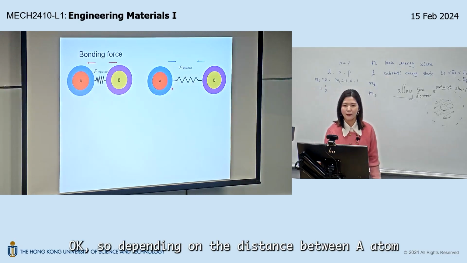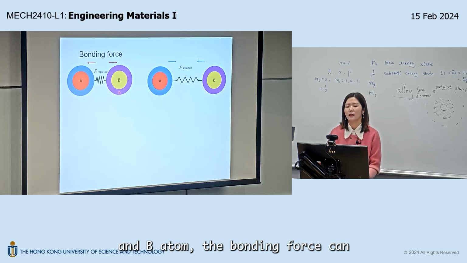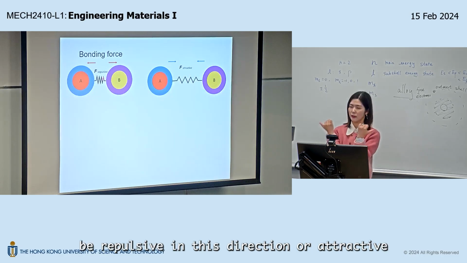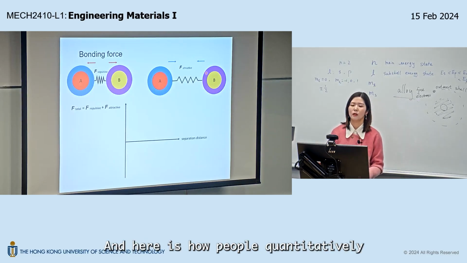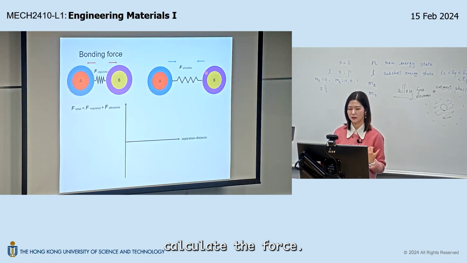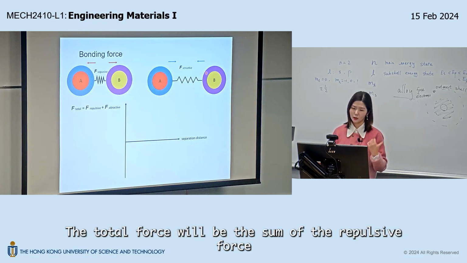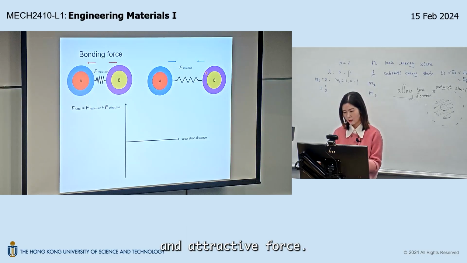Depending on the distance between atom A and atom B, the bonding force can be repulsive in this direction or attractive in this direction. Here is how people quantitatively calculate the force. The total force is the sum of the repulsive force and the attractive force.